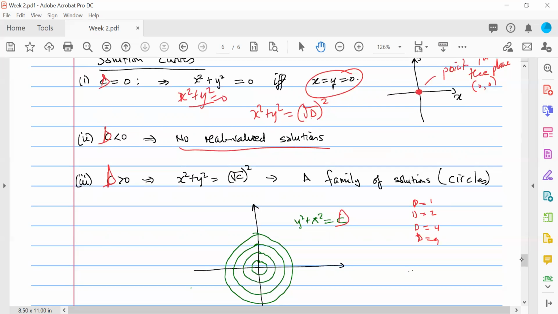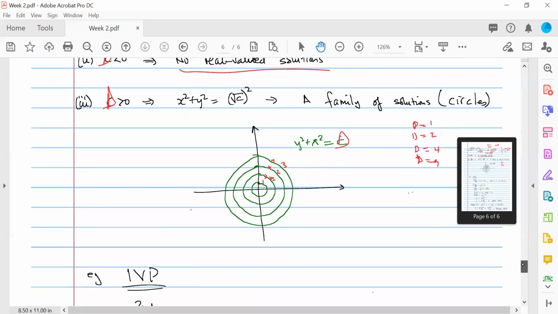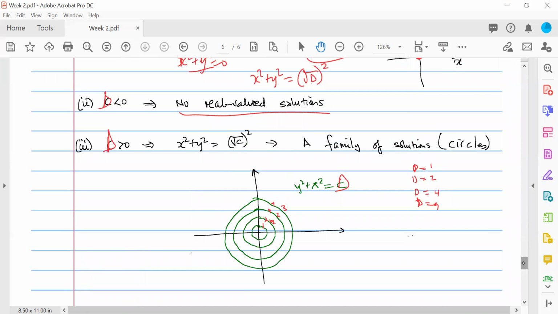For example, the inner one is for d equals 1, then d equals 2, d equals 4, d equals 9. So the radius here will be √2, the radius here will be 2, the radius here will be 3. So you have a family of circles of radius √d. So this is how the solution curves will look. All right.